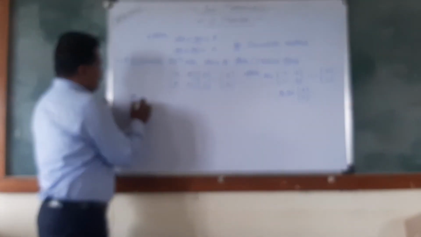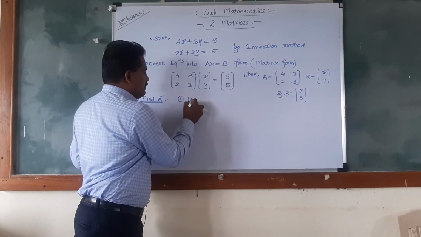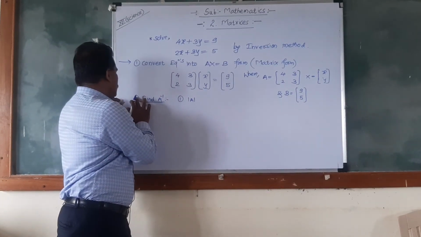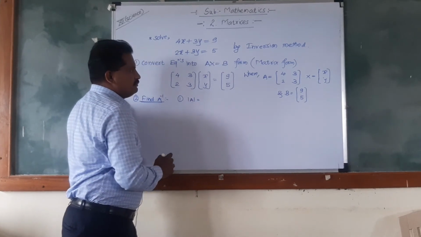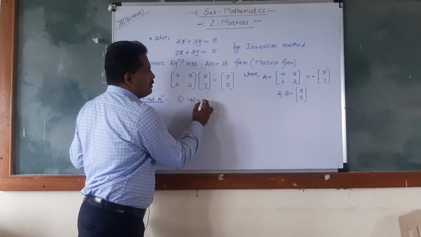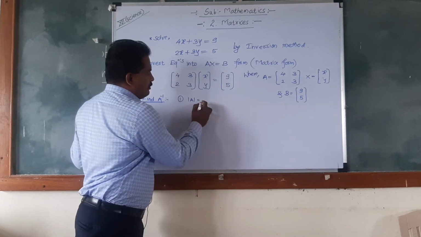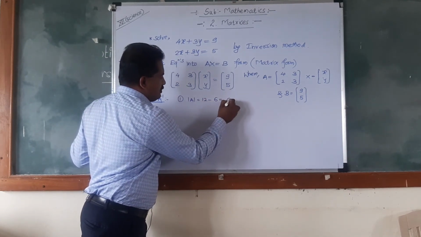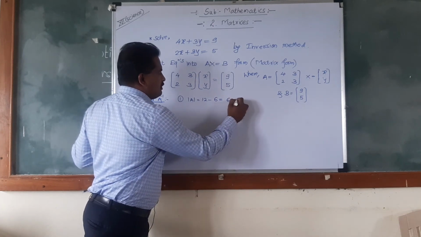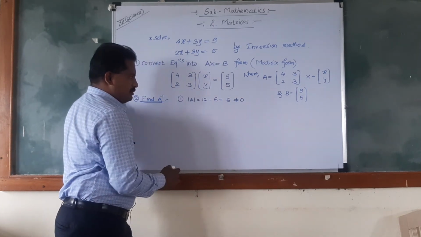Second step, find A inverse. First is determinant of A. Determinant of A is equal to 12 minus 6, which is equal to 6, which is not 0.